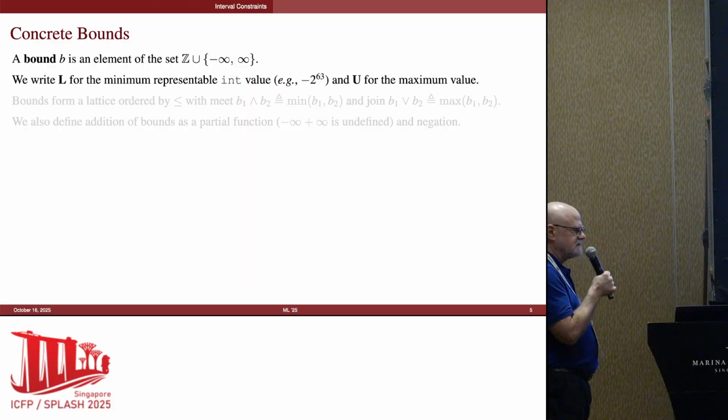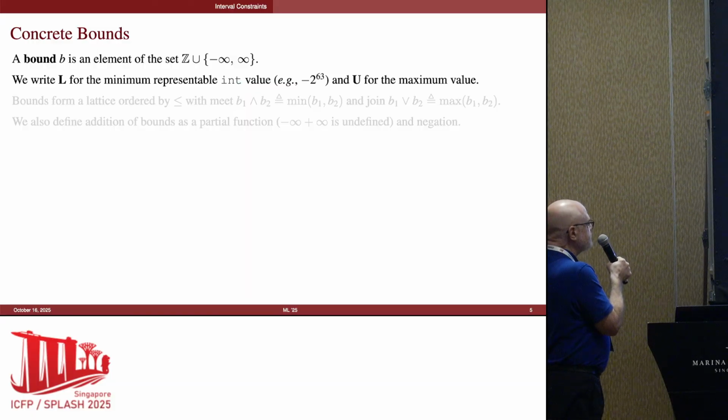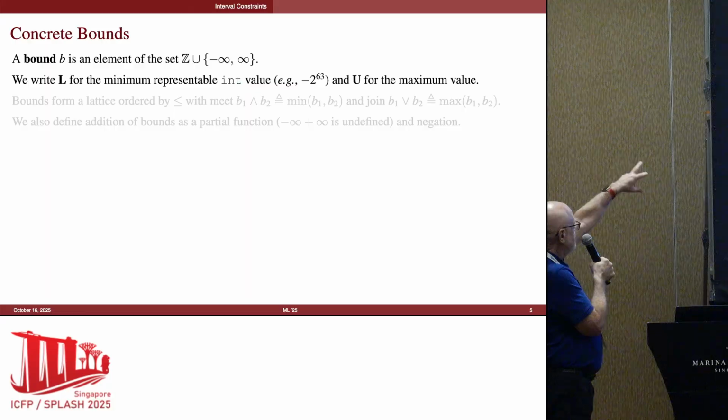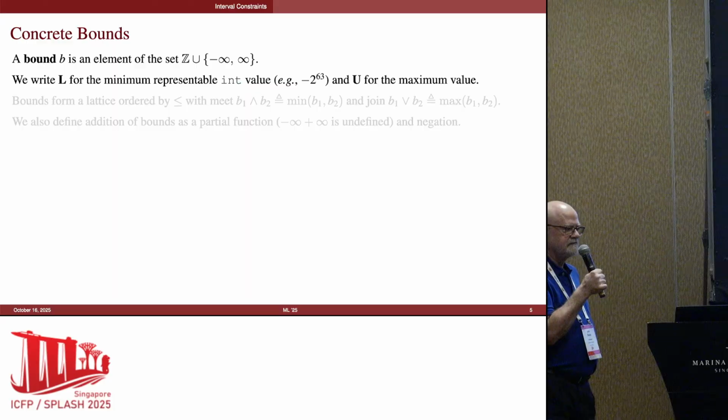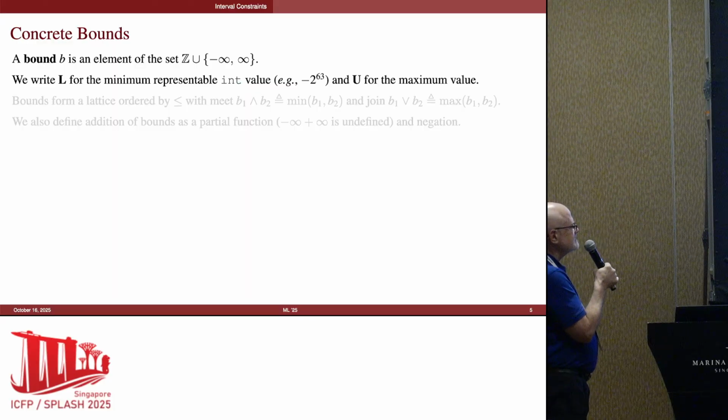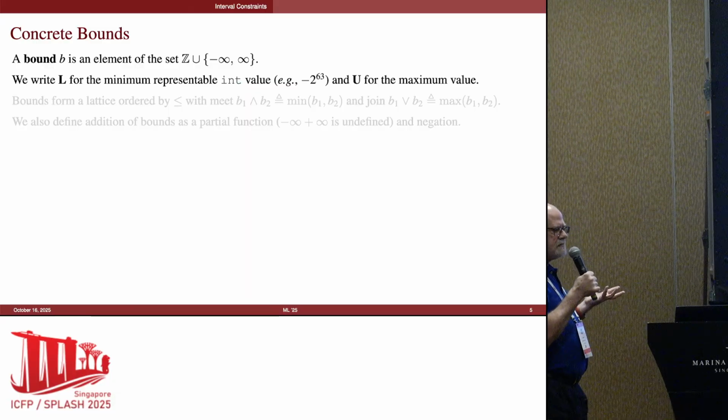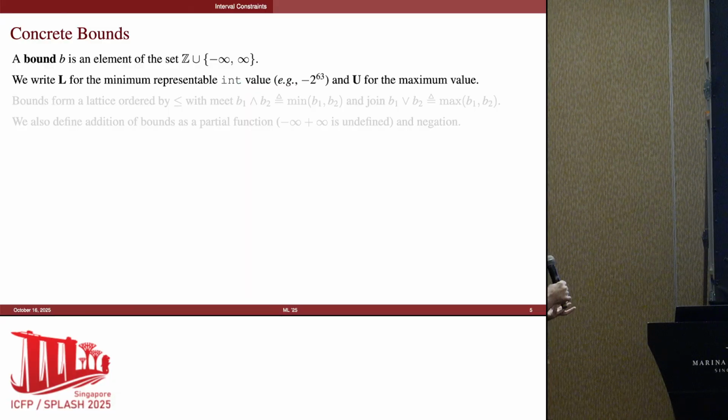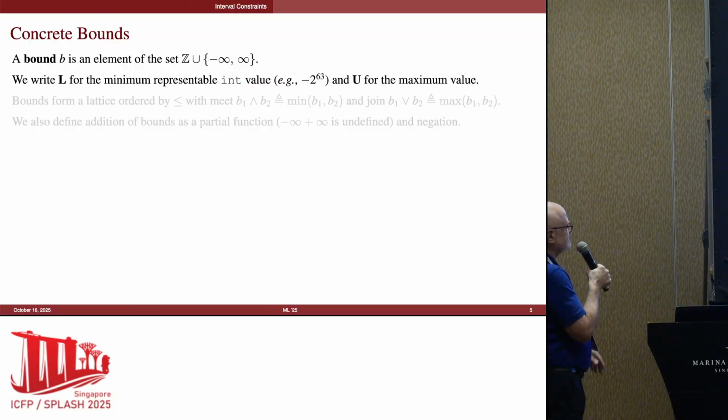Most ML compilers do this. So I'm going to use L and U to represent the least and maximum integer for some type. And in standard ML, we actually have multiple precisions, and so you would have multiple L's and U's for different types.